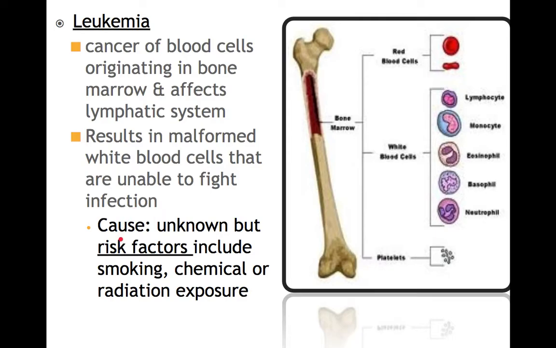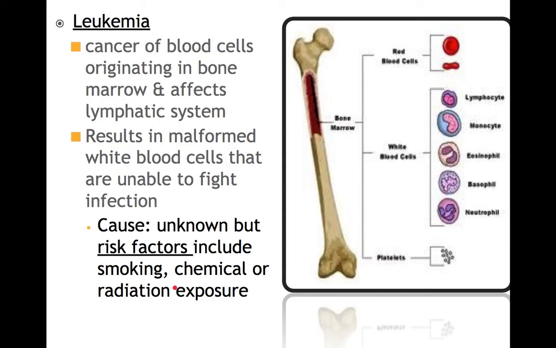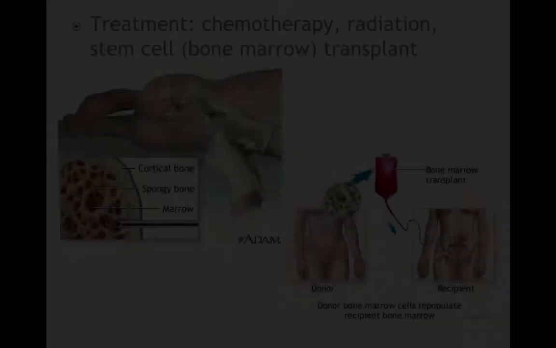What are the causes? Well, there are probably genetic causes, and then on top of that, risk factors like smoking or exposure to chemicals or radiation over time, like, for example, possibly asbestos. If you live in an older house, those can be risk factors that can lead to leukemia.